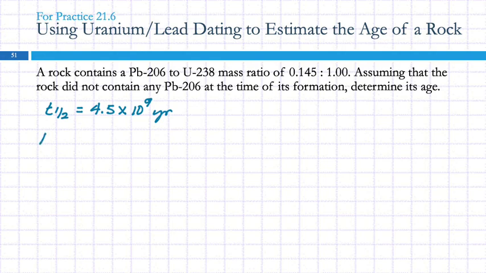So the lead-206 to uranium-238 ratio is 0.145 to 1. That's not a 1, that's 100.